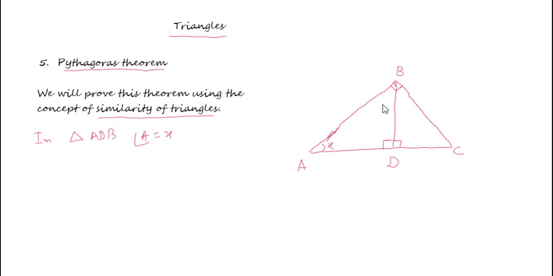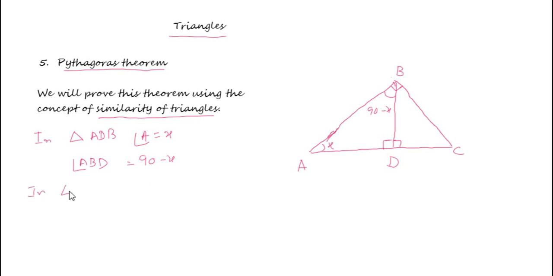If this is X, then this is 90 minus X, that is angle ABD is equal to 90 minus X.